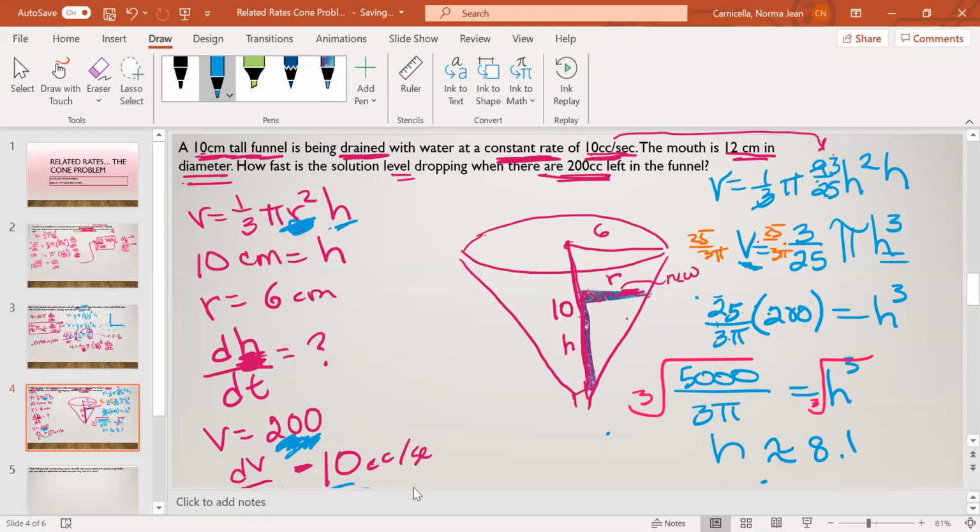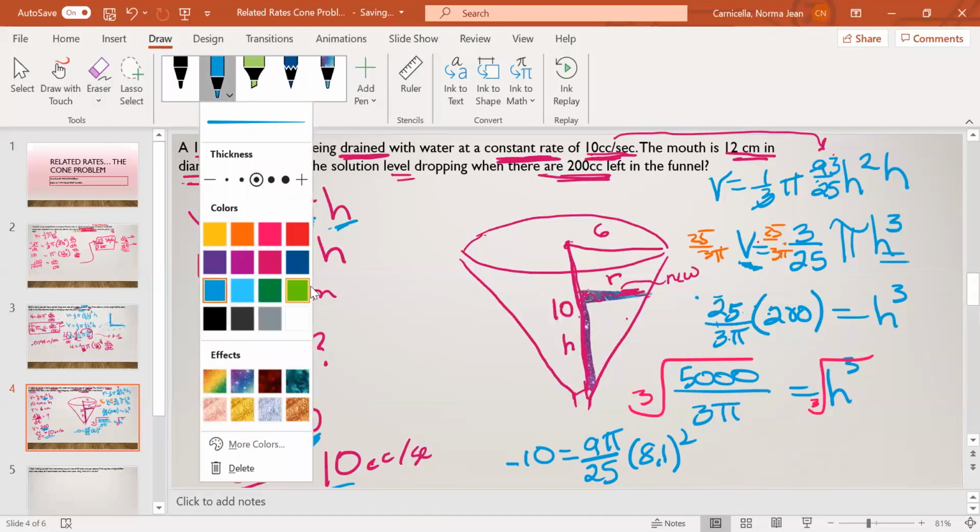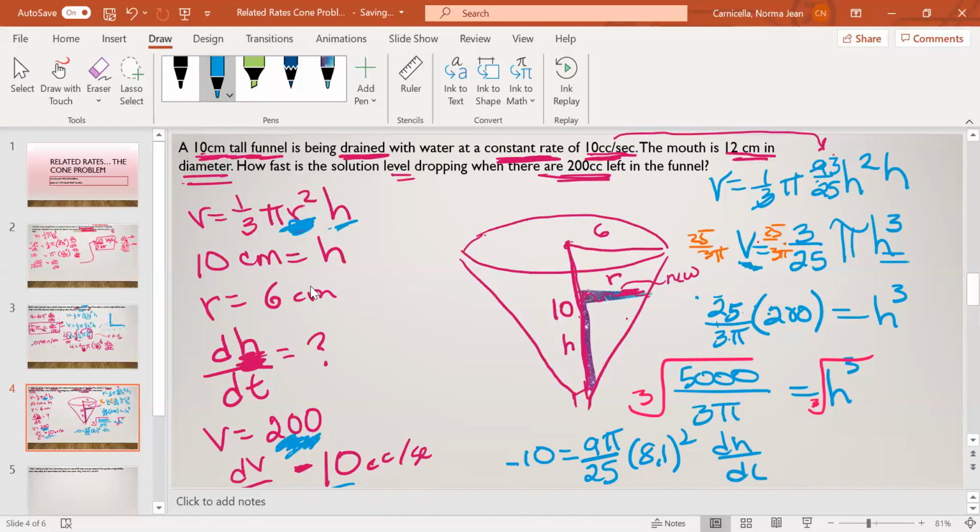And that's going to give me -10, because I want dV/dt, is equal to 9 pi. Well, we did all that to get these two things, right? So I've got 9 pi over 25 times 8.1 squared, times dH/dt, because that's what we're still looking for.